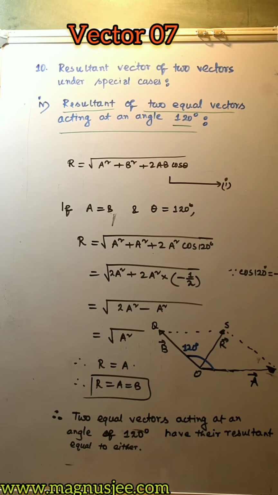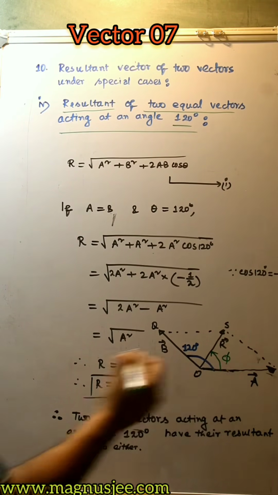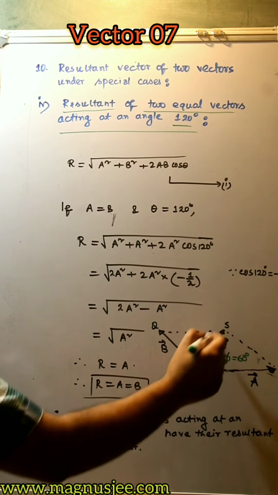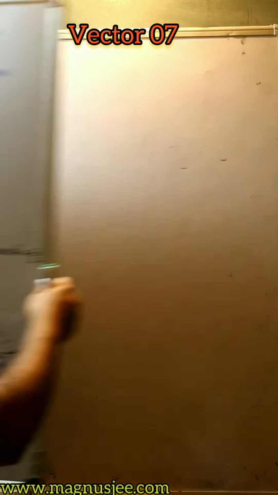That means R will be equal to A or B, and we assume phi is the angle at which vector R acts with vector A, and we can prove that phi will be equal to 60 degrees.